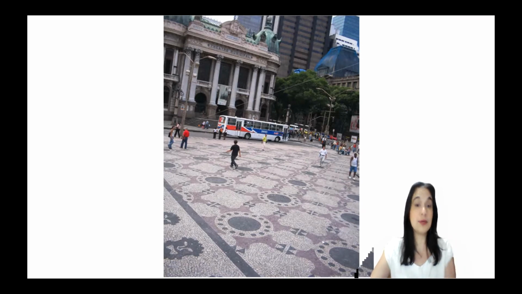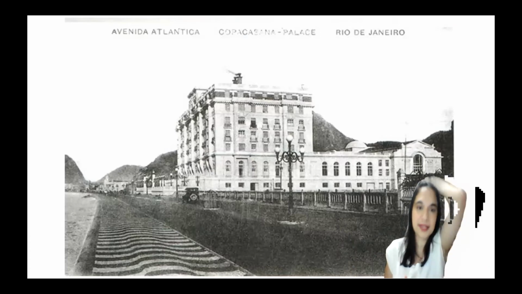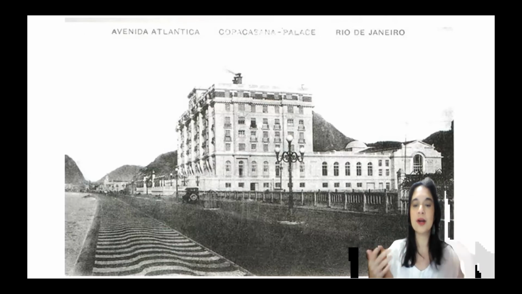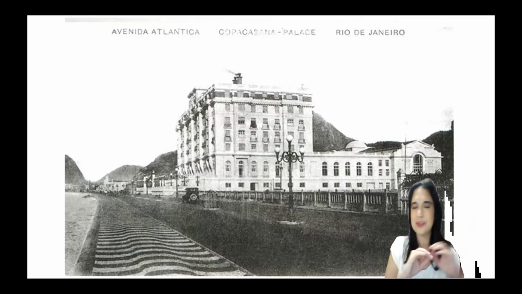So moving on, since Pereira Passos was promoting the South Zone as a place for the wealthy to live in, he of course had to embellish the rest of the South Zone as well. And that started with Copacabana, of course, because you see, the thing with Copacabana that probably most of you are unaware of, at least those of you who have never been to Rio, is that until the end of the 19th century, it was a neighborhood that no one wanted to live in Rio.